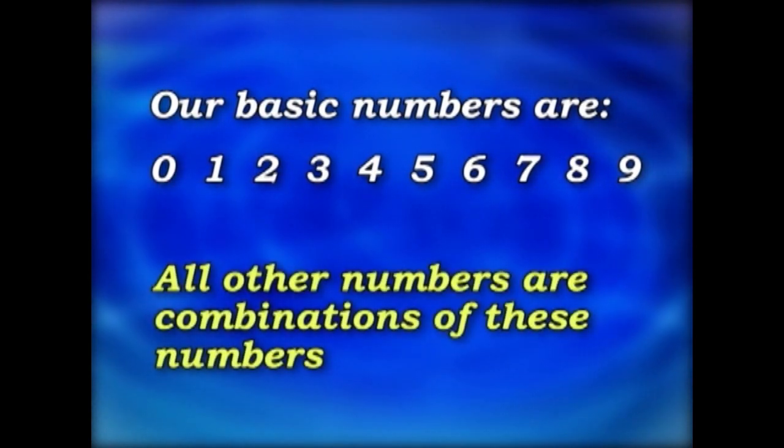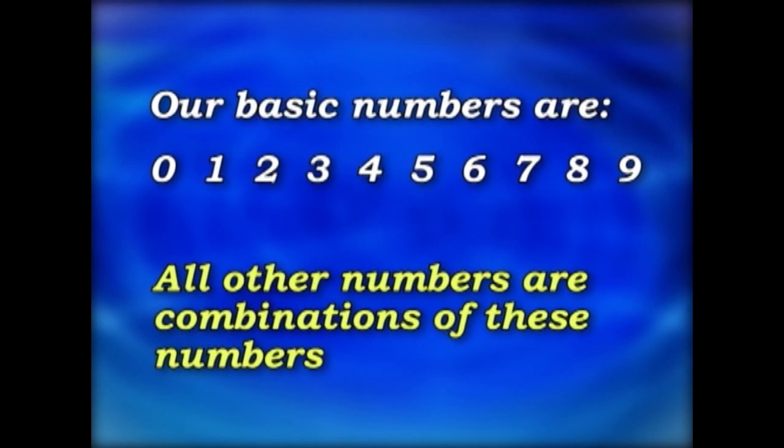Our basic numbers are 0, 1, 2, 3, 4, 5, 6, 7, 8, 9. Now, all other numbers are made from a combination of these numbers.